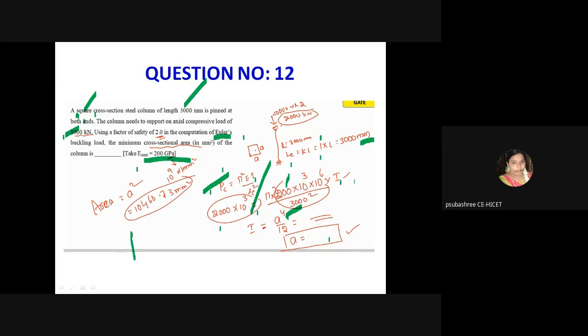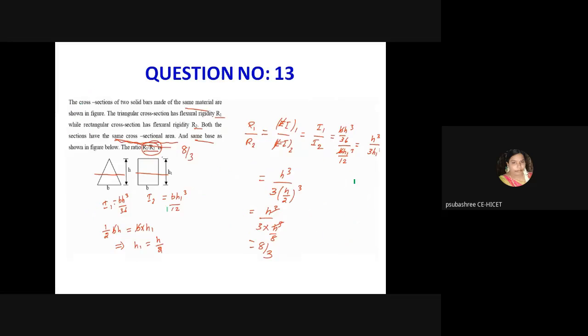So substitute the values. You should get one side of the square, A. Then you will calculate the area. A square is equal to 10467.73 mm square.